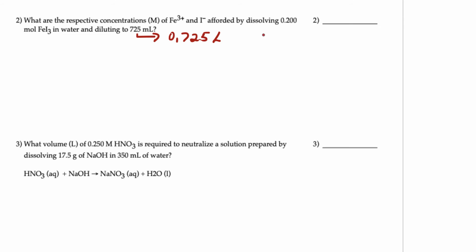And again, the iron 3 iodide is going to give us 1 mole of iron plus 3 moles of iodide. Those are the ions that we're going to have.